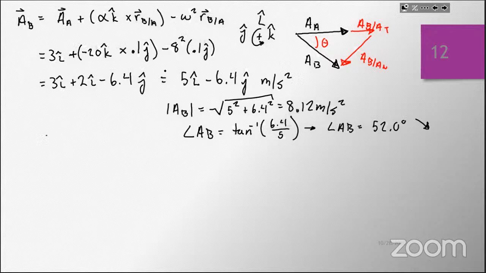So remember, this is telling you that I've got an x component like this and a y component like that. So really like that. That's the angle, AB, in there.